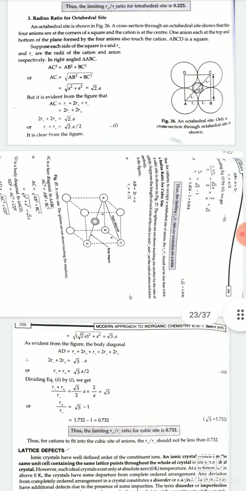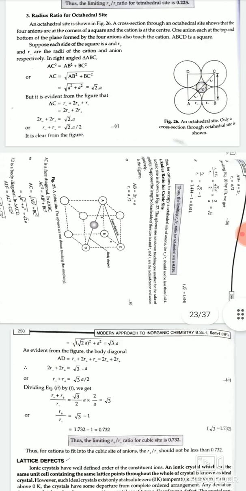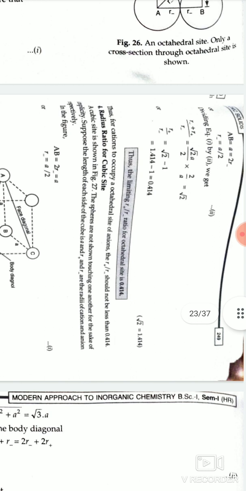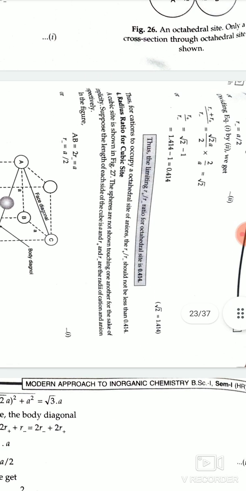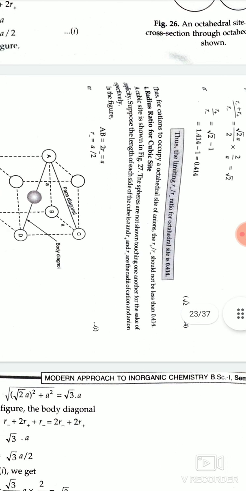This is equation first. It is clear from the figure AB is equal to a, that is equal to 2r negative. r negative is equal to a by 2. This is equation second. Now dividing equation 1 by 2, we get (r negative plus r positive) divided by r negative, that will be equal to √2 a divided by 2 multiplied by 2 divided by a, that is equal to √2.